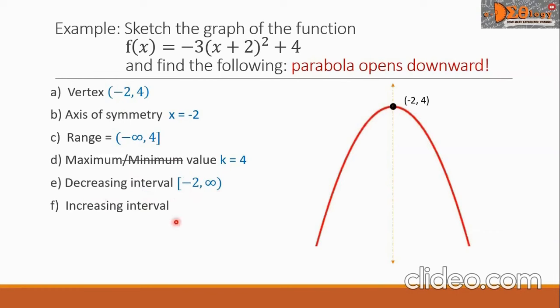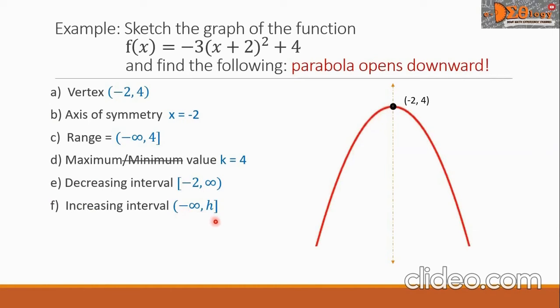For the increasing interval, that is the left side of our parabola. You see here, if you read the graph from left to right, so that is the increasing interval. And we have the formula for that. That is the parenthesis, negative infinity, comma, h, and square bracket.